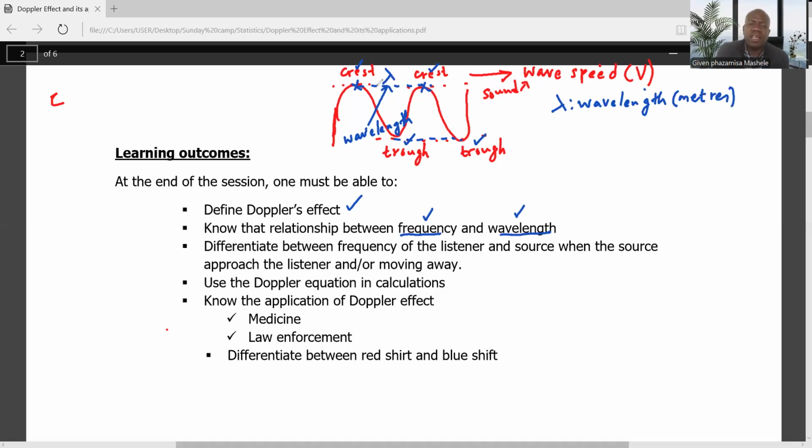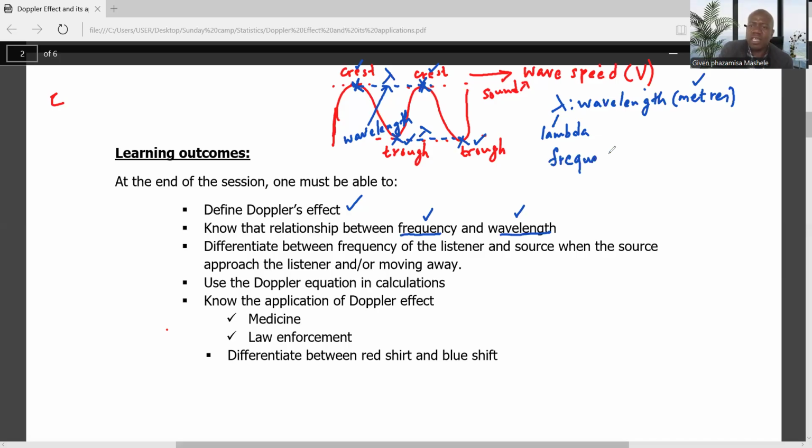Remember, the wavelength is the distance between two successive crests. We call this lambda, our wavelength, which is measured in meters. Then we also have the frequency.